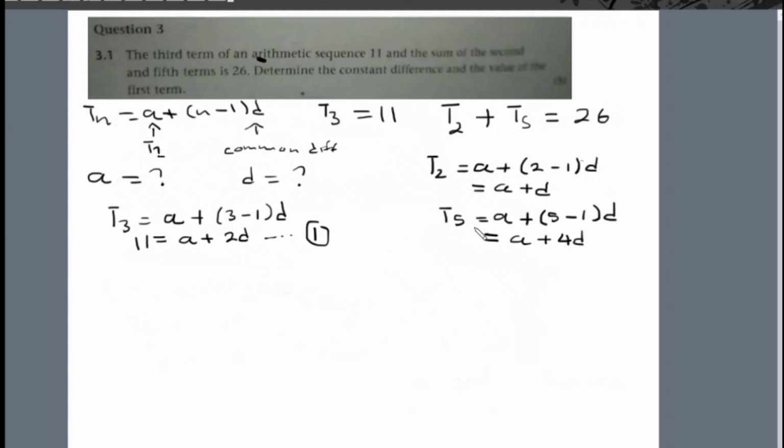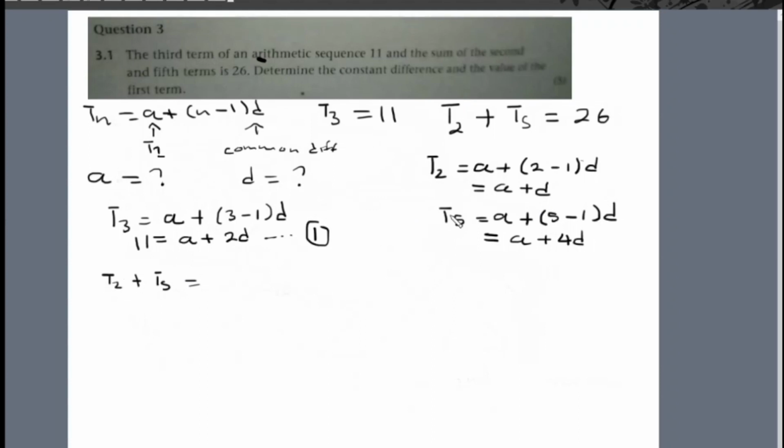But then ukhumbule ukuthi T2 plus T5 is equals to 26, right? T2 plus T5 is equals to 26. What is T2 plus T5 if we use this? So T2 plus T5 is 26, right?